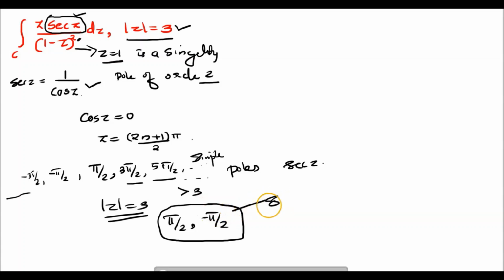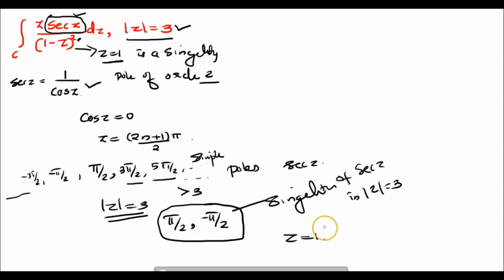Therefore, these are singularities of sec z in mod z equal to 3. Also, we have the singularity z equal to 1. These are simple poles and z equal to 1 is a pole of order 2. Therefore, we have 3 singularities here.